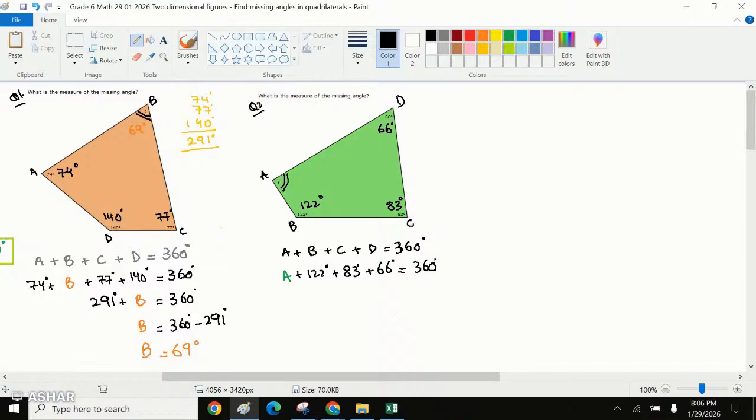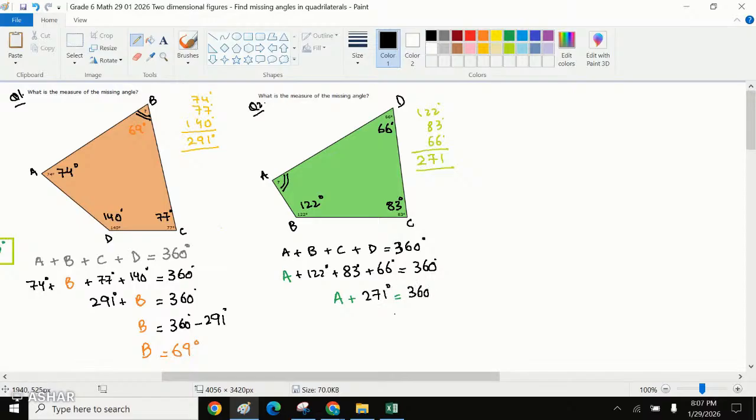When we add the angles together, 122 plus 83 plus 66, the total comes out to be 271. So can I write this as A plus a number that would be equal to 360?